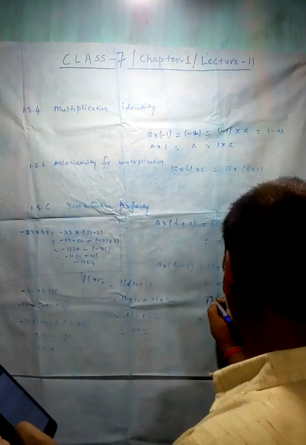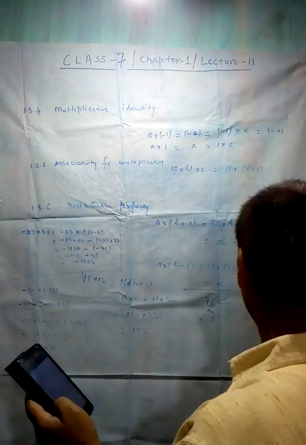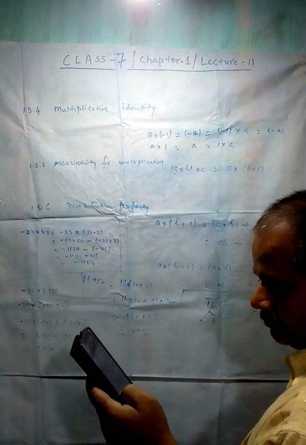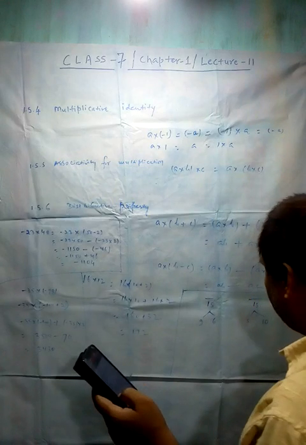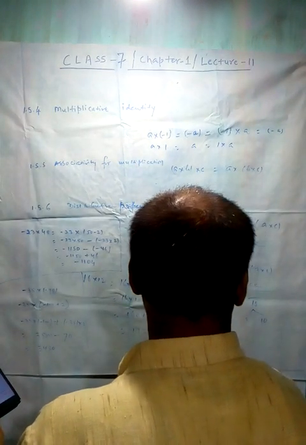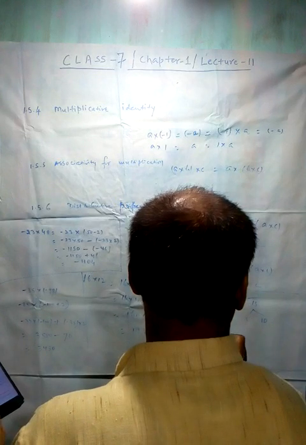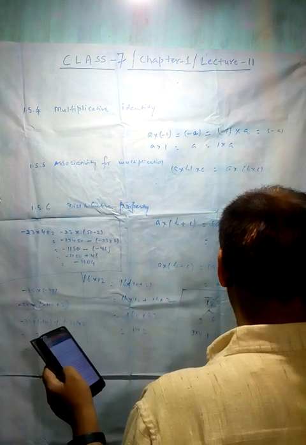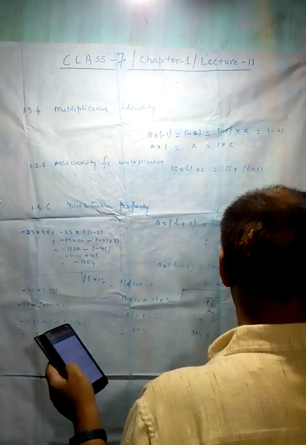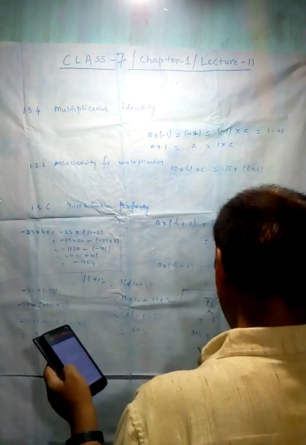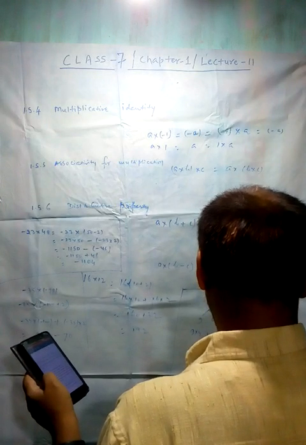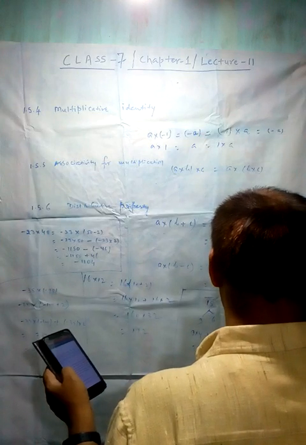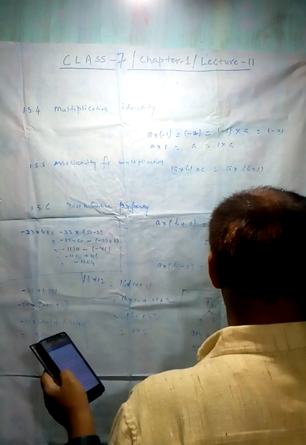So here in the first case, out of 15, 4 marks for correct answers. So 9 into 4 plus 6 into minus 2, and here 5 into 4 plus 10 into minus 2, that is 36 minus 12, and here 20 minus 20, that is 0.